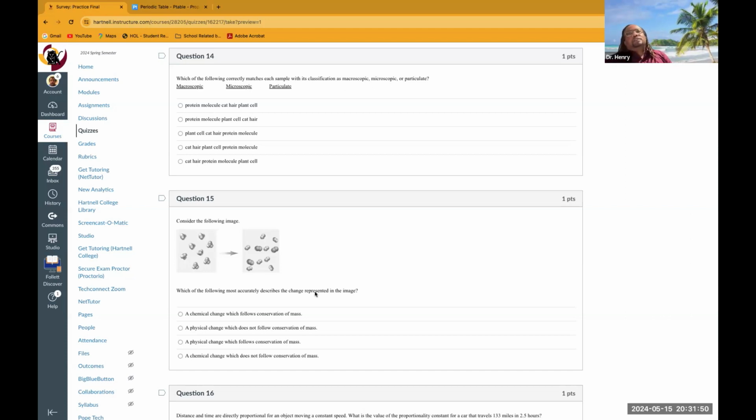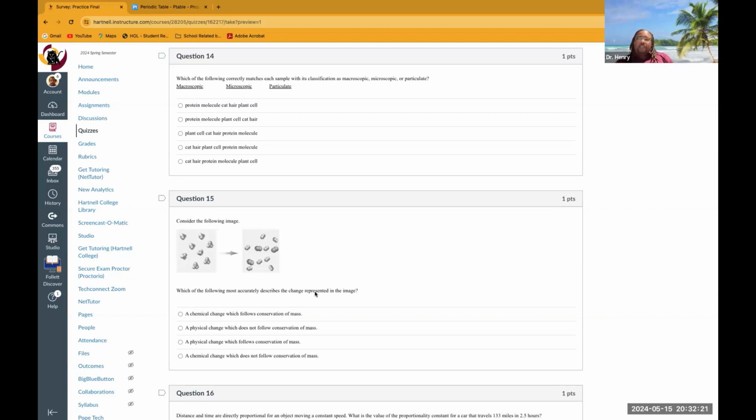Your third choice, plant cell, cat hair, protein molecule. Your fourth choice, cat hair, plant cell, protein molecule. Your fifth choice, cat hair, protein molecule, plant cell. What do you guys think?